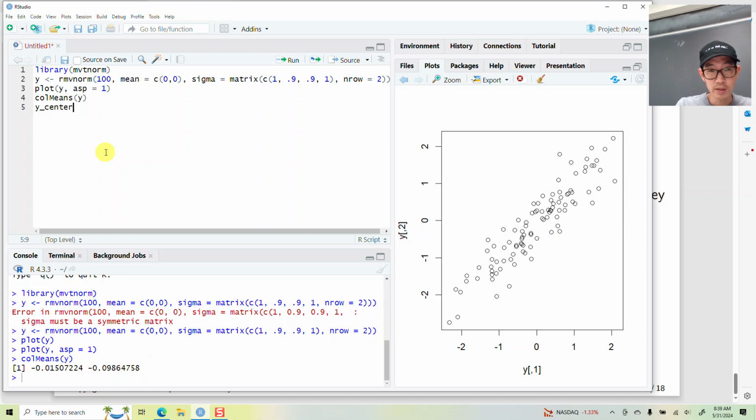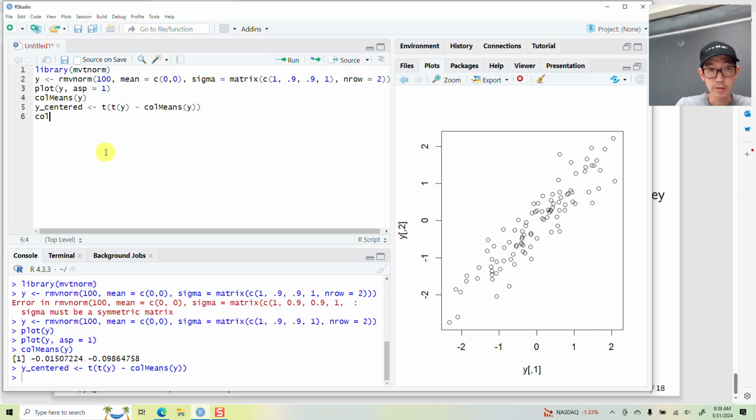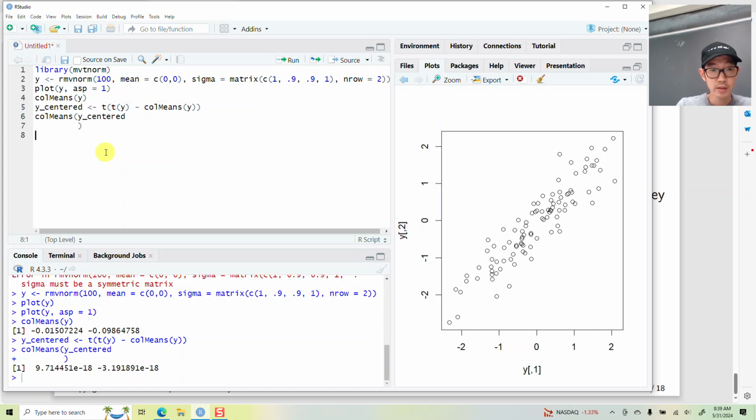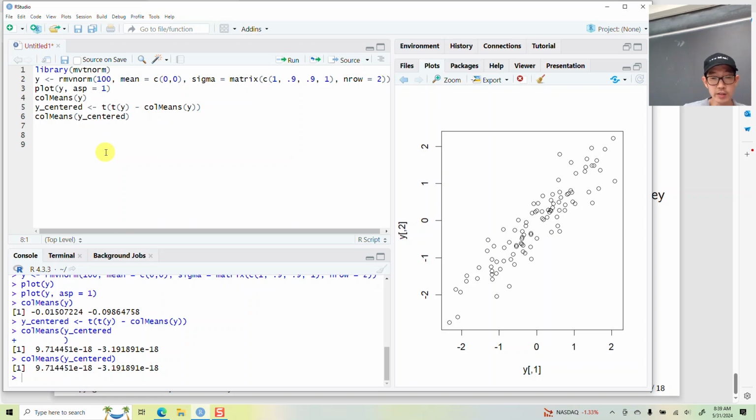It's going to be basically transpose y, and I'll transpose this back. Okay, so now if I do column means of y centered, I should get, yeah, 0. Okay, so we have that.